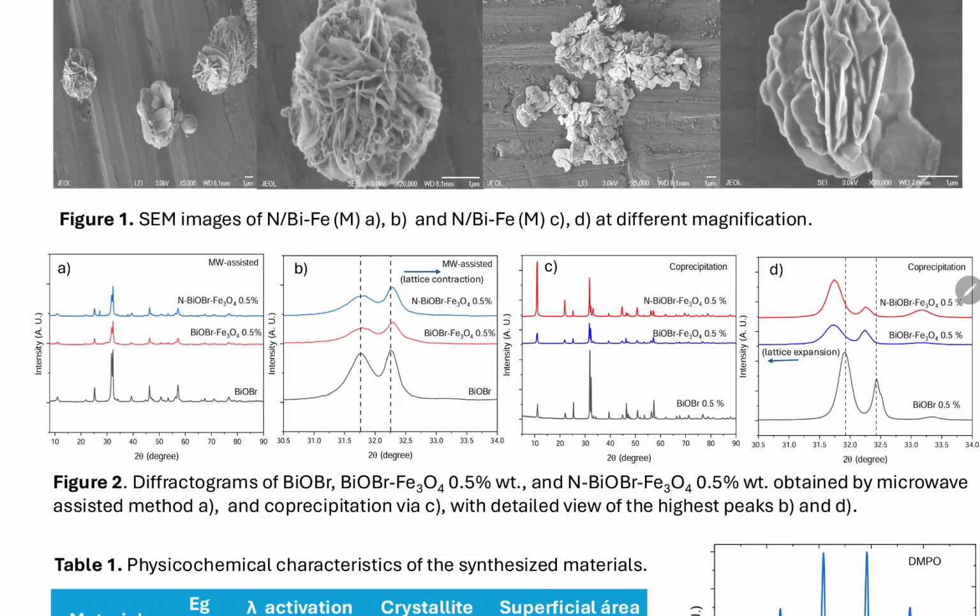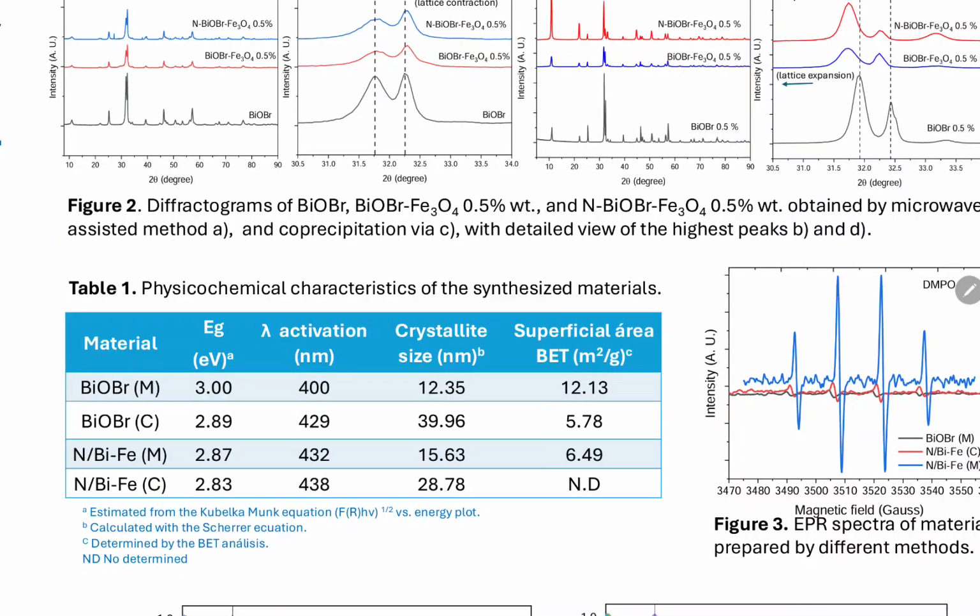The shift to the left and right is depicted as contraction and expansion of the lattice respectively, as we can see in figure B. This also affects the crystallite size, as we can see here in table 1, comparing both methods. By microwave synthesis, the crystallite size is bigger than with the coprecipitation method.